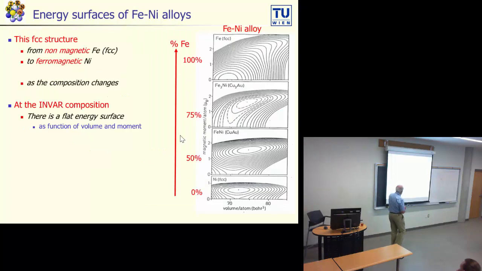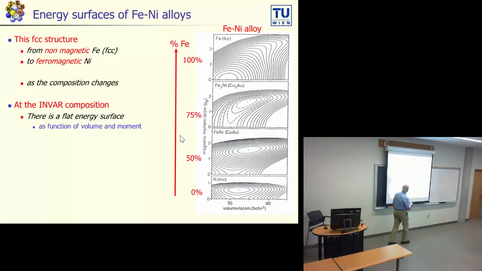But the reason for showing you that is that now you can try to understand, if you use this iron nickel alloy, you can use the same approach I used for iron cobalt: a pure nickel FCC structure, and a pure iron in the FCC structure, not in the BCC structure.